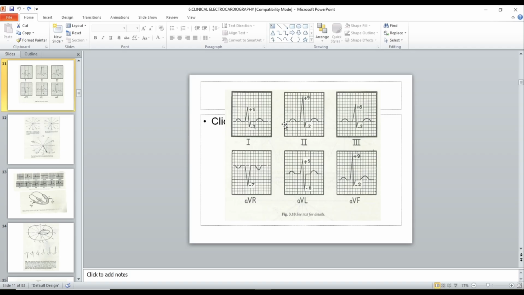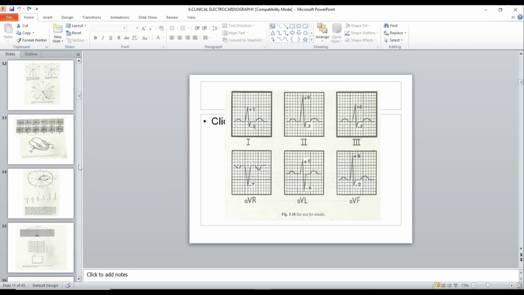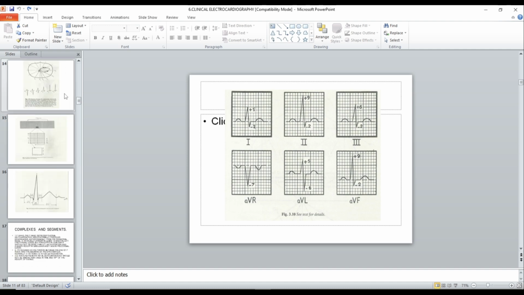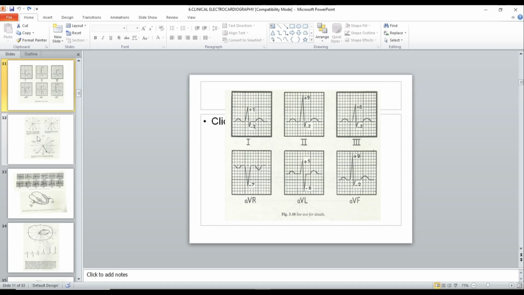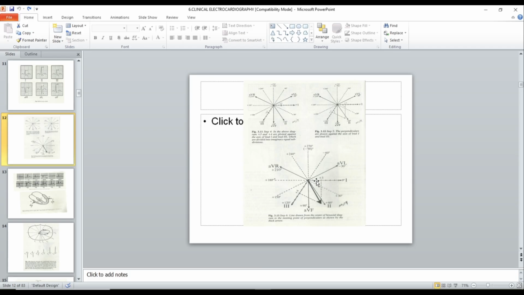If we plot these 3 and 4 on the axis of lead 1 and lead 3 in the hexagram, as I show you here, the 3 millimeters is plotted on the axis of lead 1, and 6 on lead 3.